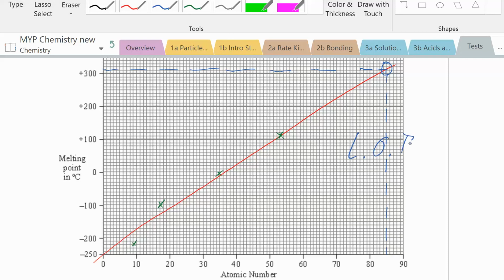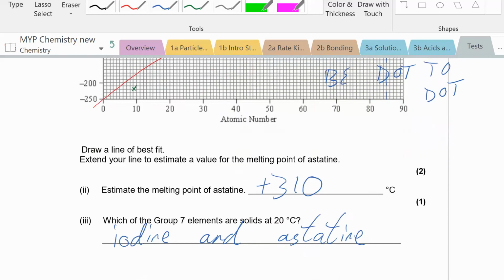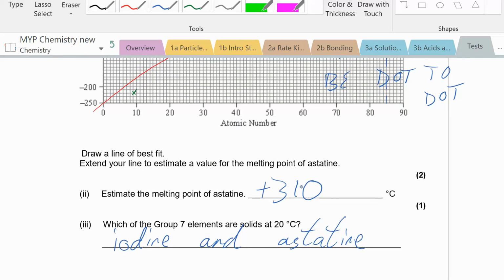So line of best fit cannot be dot to dot. Okay. And then based on whatever your line is, that is where you can make your prediction. So I predicted it at 310.